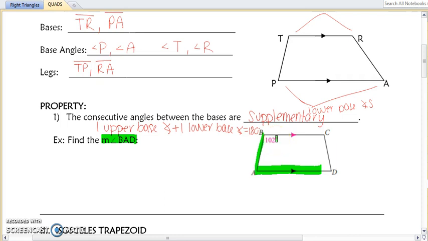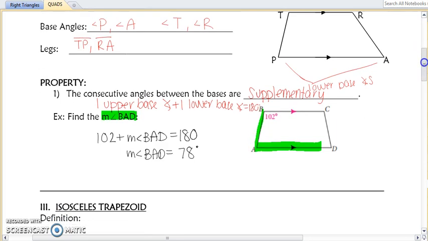Our consecutive upper base angle is 102. 102 plus whatever this angle measure, you can say measure of angle BAD, or you could label it as X, adds to 180 degrees. We subtract 102 on both sides, and we get the measure of BAD is equal to 78. You can also think about these as same side angles, right? They're on the same side, so they're supplementary. That's also a thought.